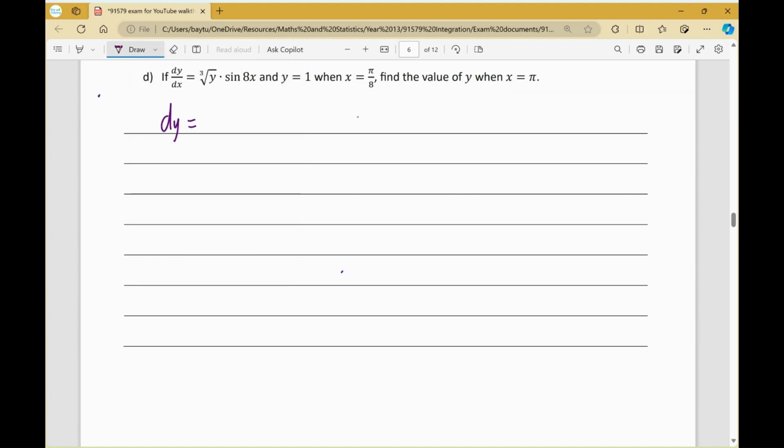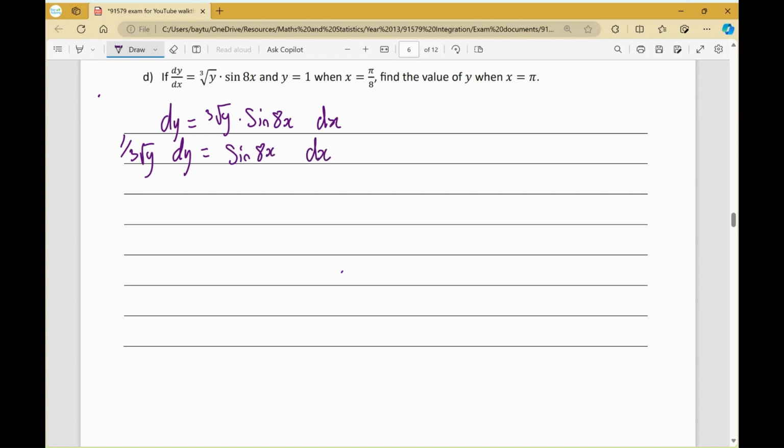So dy equals the cubed root of y times sine 8x dx. Then divide both sides by the cubed root of y. So that will be 1 over the cubed root of y dy equals sine 8x dx.